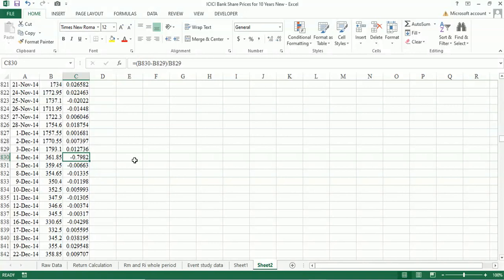Is it a loss? Actually it is not a loss; the share price has only been reduced from 1793 to 361 because of the split.